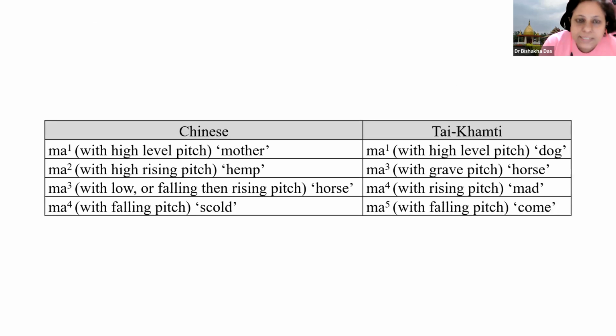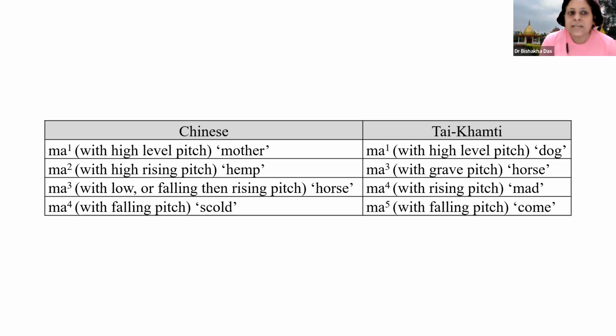So let's see this: Mandarin Chinese and Thai Khamti. In Mandarin, if I say ma with high level pitch, ma, that's mother. If I say it with high rising pitch, ma, this is hemp.